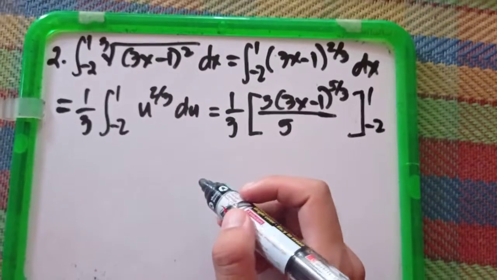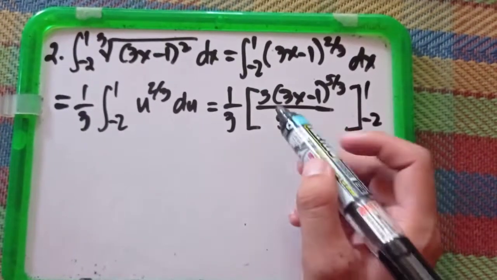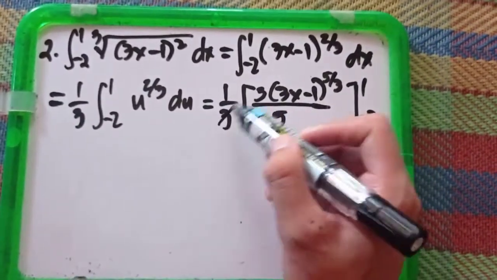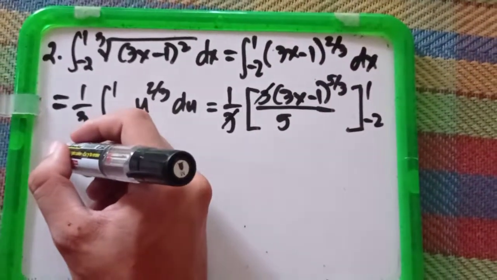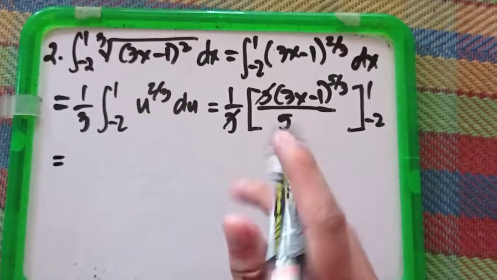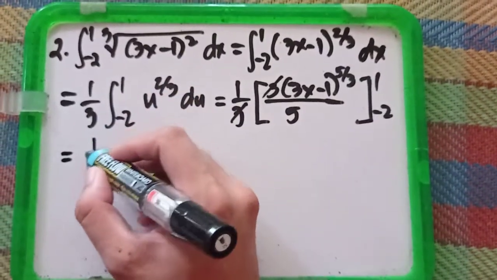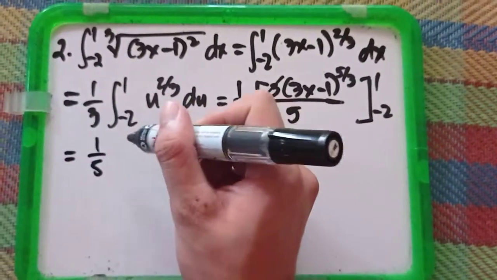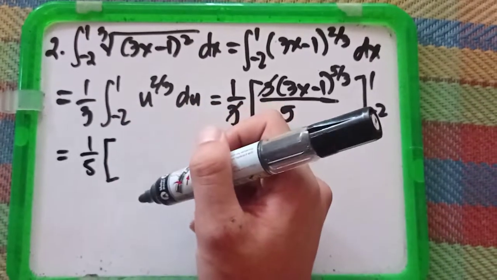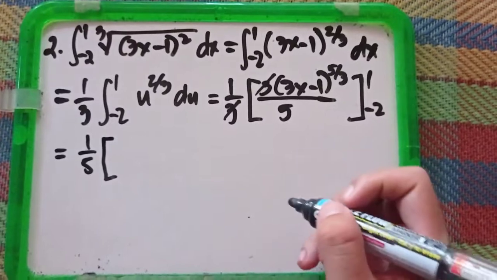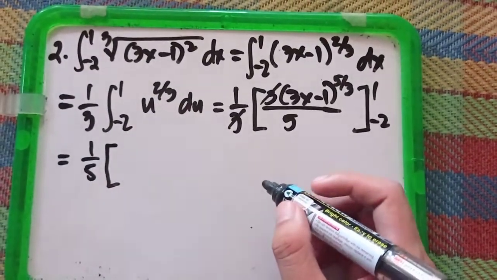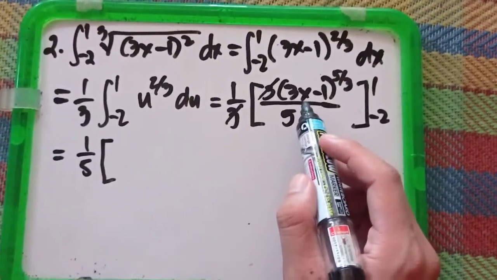So next is cancel muna natin ito kasi pwede itong ilabas. So this will be, labas natin yung 1/5. Next is apply the upper and lower boundaries from the value of x.